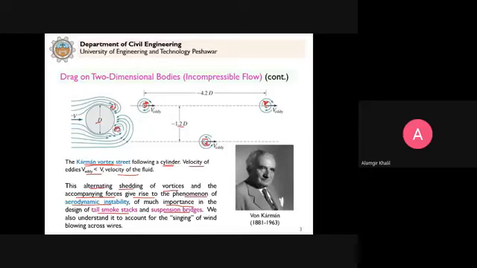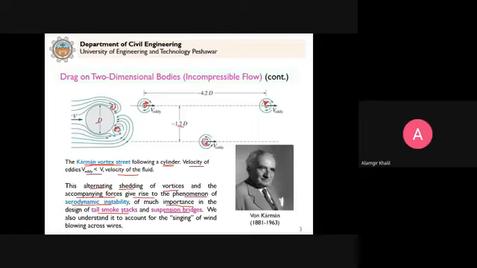So this phenomenon, what we call the Kármán vortex street, gives rise to aerodynamic instability, and this is very much important in the design of these structures. Tall smokestacks, because of the cylindrical shape and the wind flows past it.